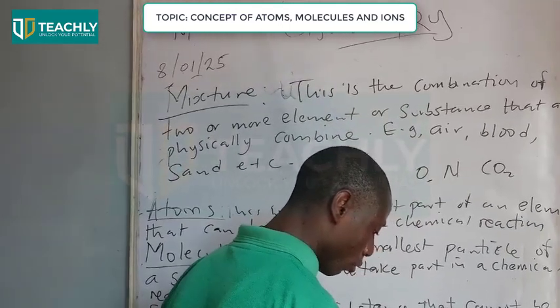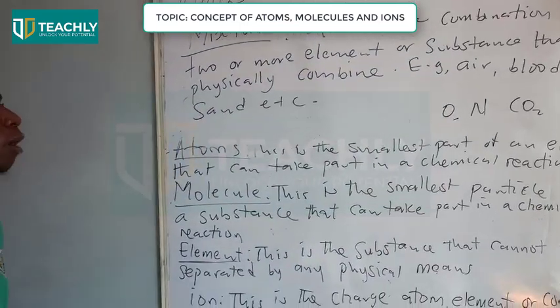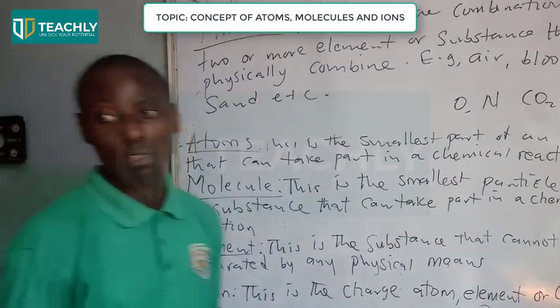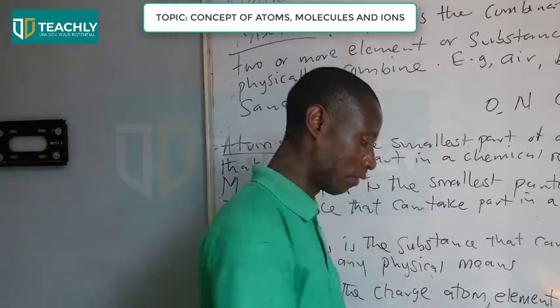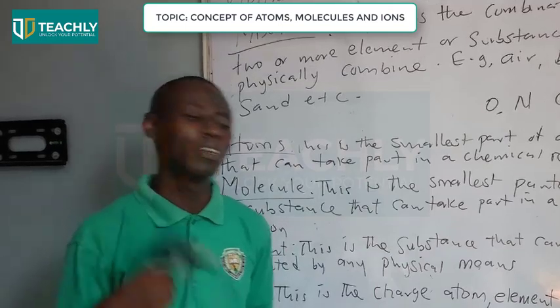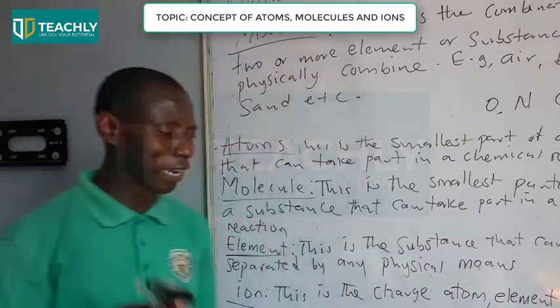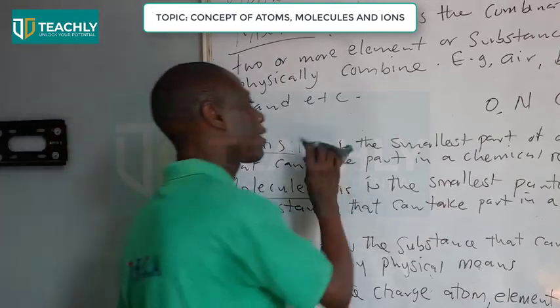Now, since we've known the components of matter, let us look at the atom itself. Let's look at the constituents. What are the things that an atom is made up of? We said that matter is made up of atoms. So what are the things we can find in an atom?